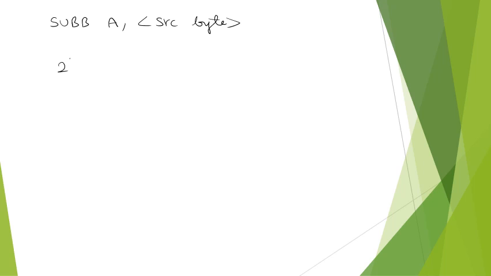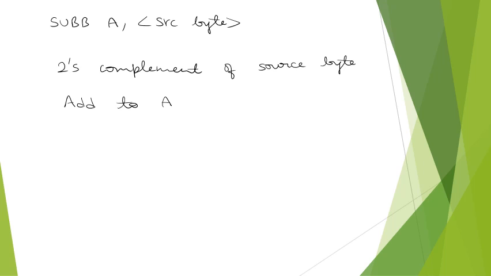First, take the 2's complement of the source byte, then add it to the accumulator, that is register A, and then invert the carry flag.